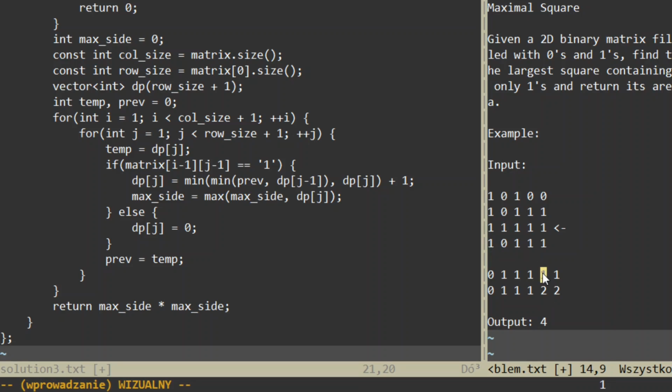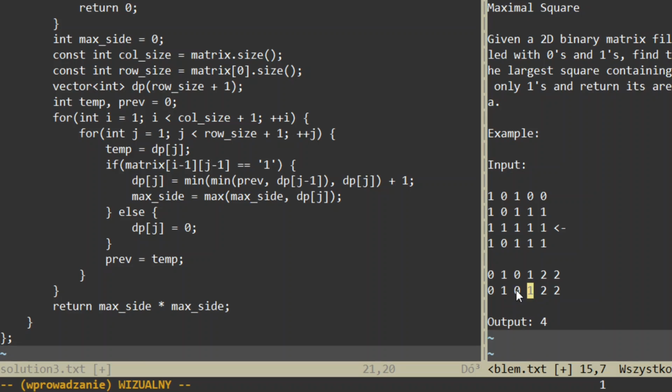So here will be 2. Further, so here will be 1. Here will be 0. Here, and here will be 1, 1.